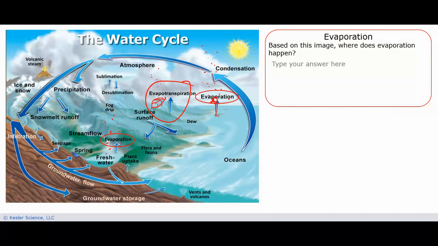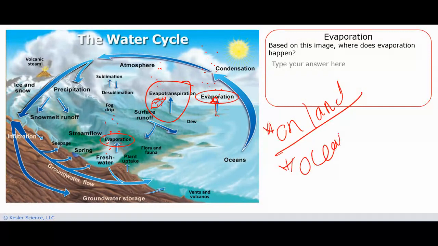Remember, plants bring water into the root system, so there's a chance that can happen as well. Evapotranspiration is what we call that. So it could happen on land, and it can happen in the ocean.